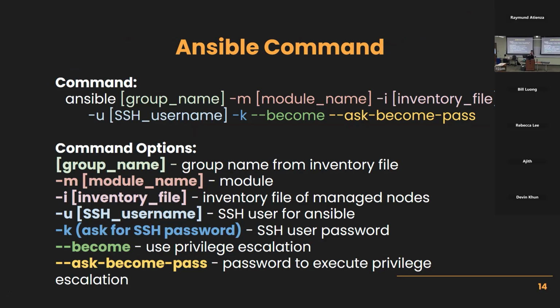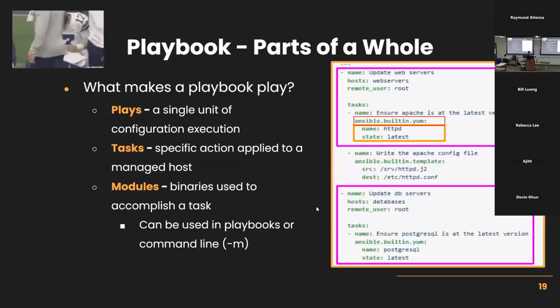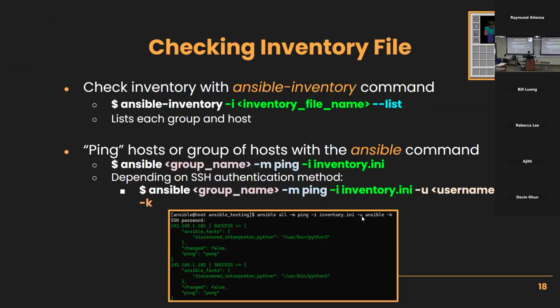Like I said earlier, how I set up everything was to create an Ansible account on all the servers. Can people in the back see my mouse? So right here would be -u and then ansible, and that's the username. Then -k will ask for a password.